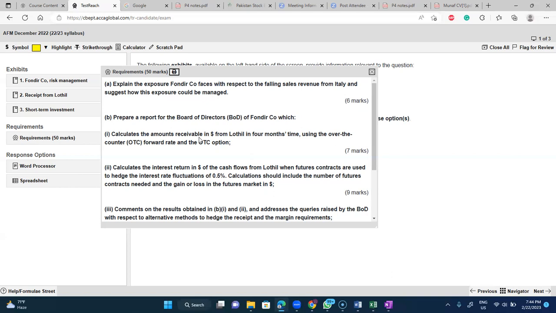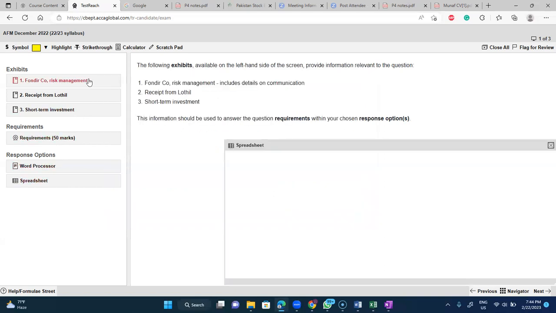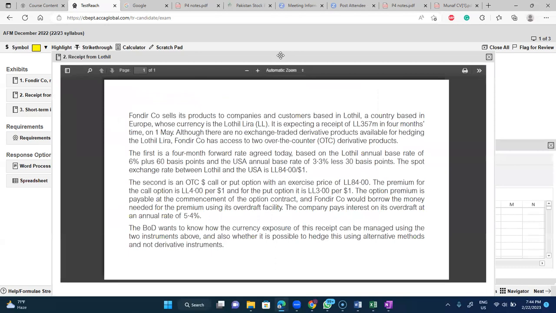So let's discuss the B part. Calculate the amount receivable in dollars from Lothal in 4 months time using over-the-counter forward. So let me open the spreadsheet.